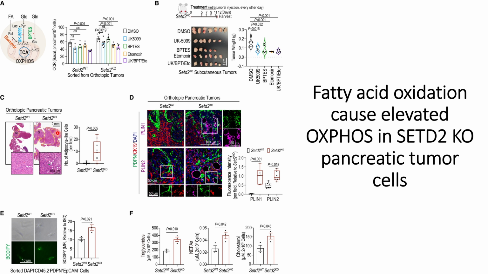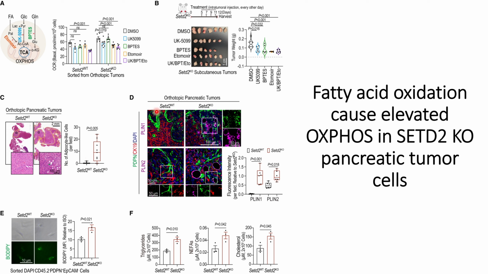When they checked the number of adipocyte-like cells in the SETD2 knockdown and SETD2 wild type, they found that the number of adipocyte-like cells is higher in the SETD2 knockdown, indicating that a lipid-rich environment seems to be higher in SETD2 knockdown pancreatic tumor cells compared to the SETD2 wild type cells.